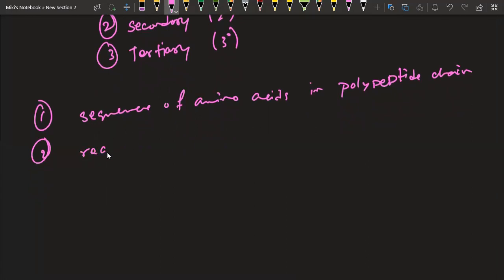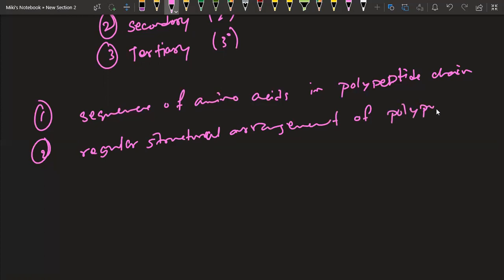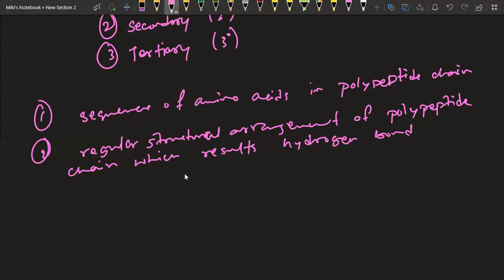It is a regular structural arrangement of the polypeptide chain, which results from hydrogen bonds between the carbon-oxygen double bond, with this sign meaning there are other components there, a continuation of the bond, and similarly the NH, continuation of the bond where NH is there.